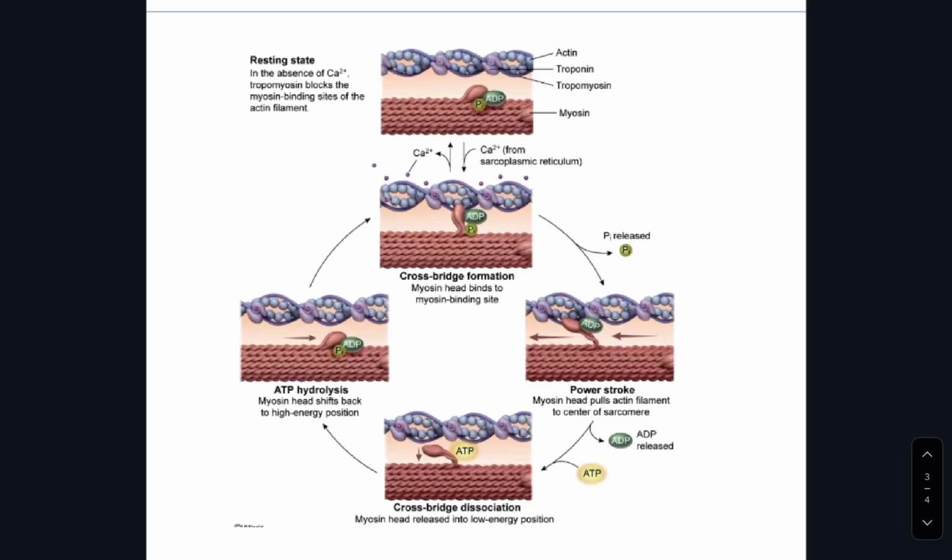When myosin is allowed to bind with actin, myosin typically holds ADP and an inorganic phosphate in its binding site. And what happens is the phosphate is ejected or pushed out. And remember, myosin is a walking protein, so it's facilitating the hydrolysis of ATP.